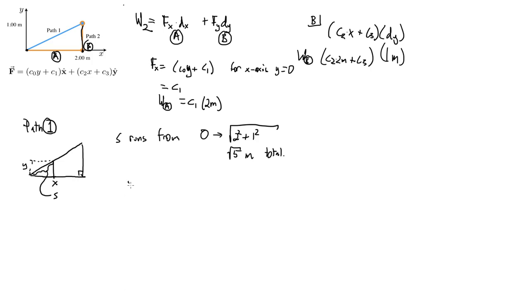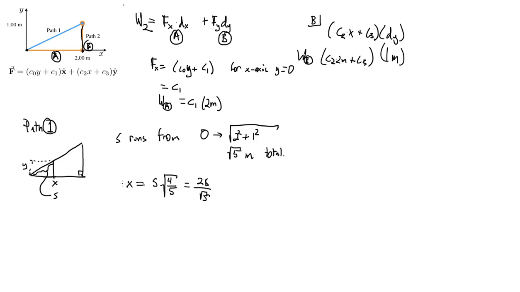I can write down x as the fraction of the distance in the x direction. You can figure this out from cosines and sines, but we also know from straight geometry that it's s times the square root of 4 over 5, which is equal to 2s over root 5.